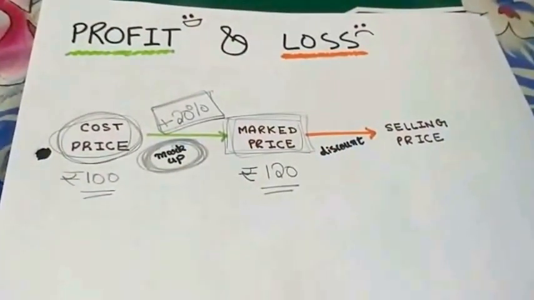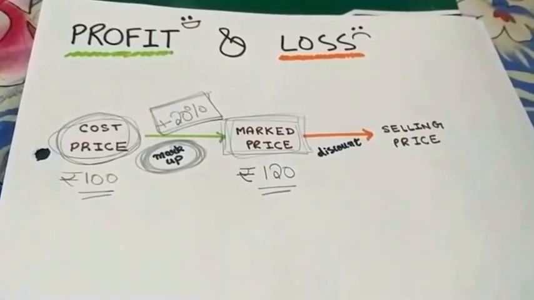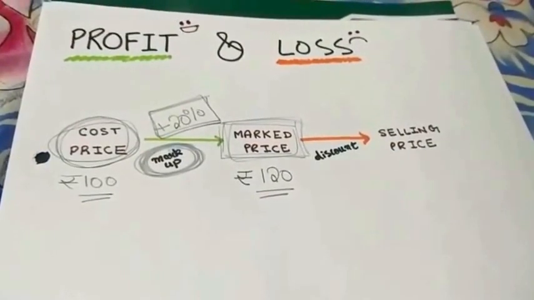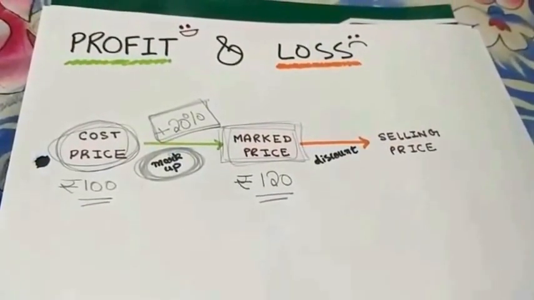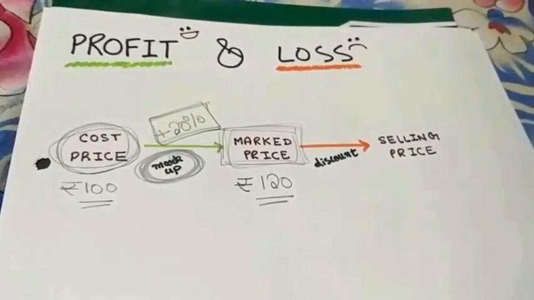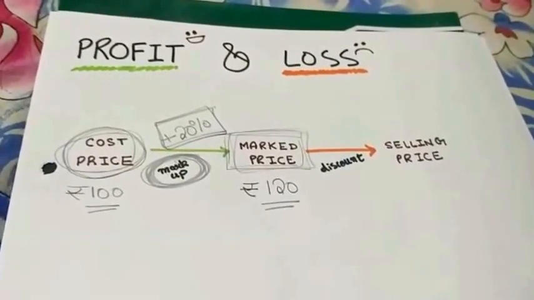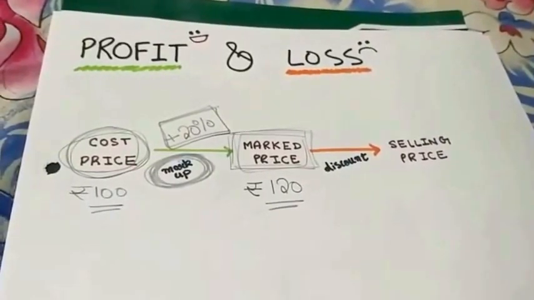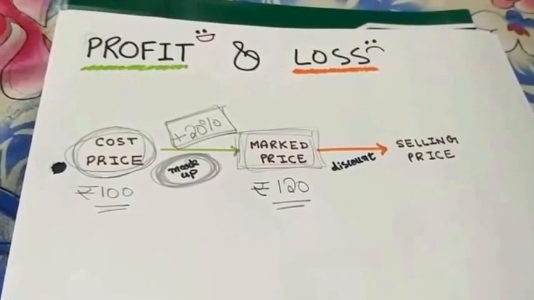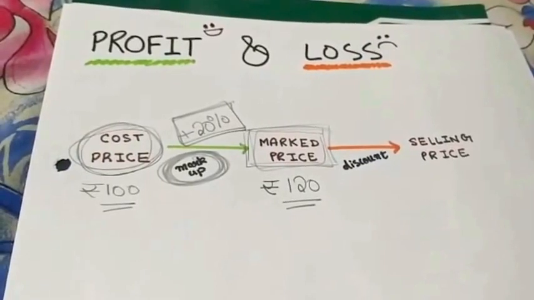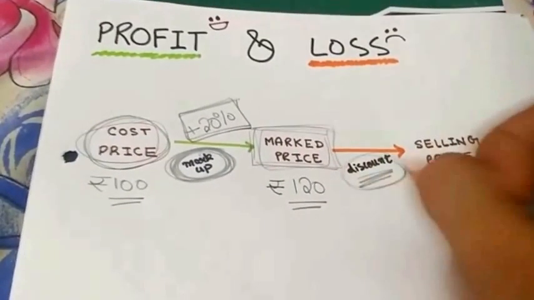To lure the customers, there would be the product and a tag, and that tag would say 120 rupees. So you have 100 rupees as the investment or the cost price of the product, and then the seller marked it up. Now, to lure the customers, he gives a discount.